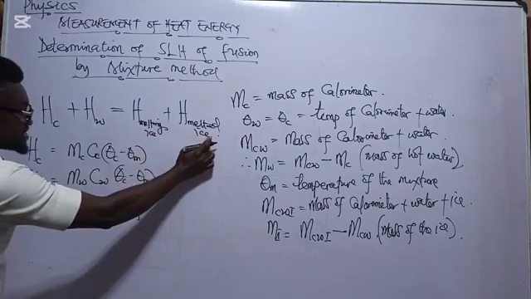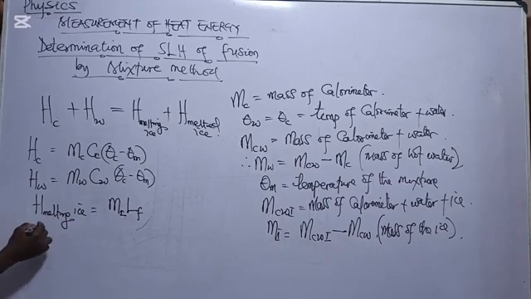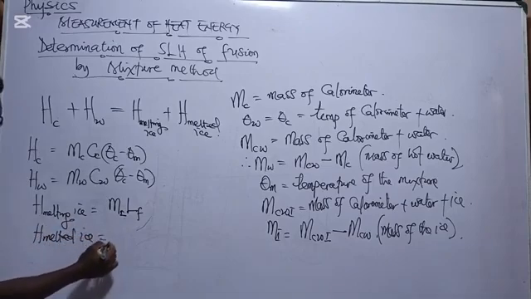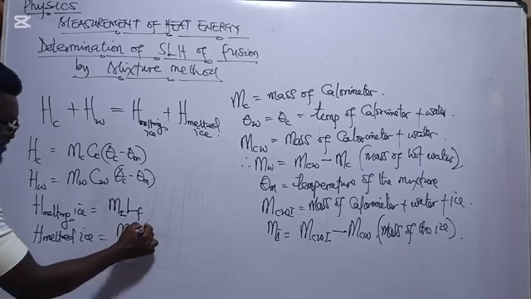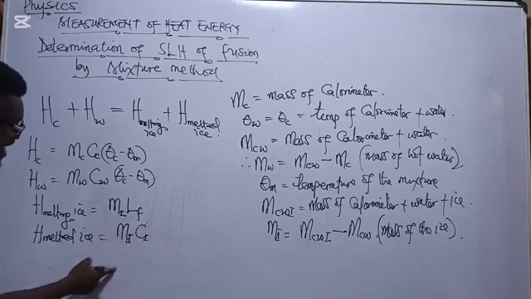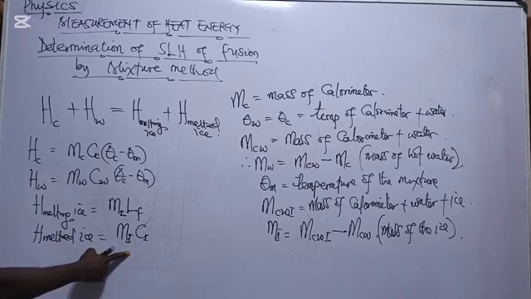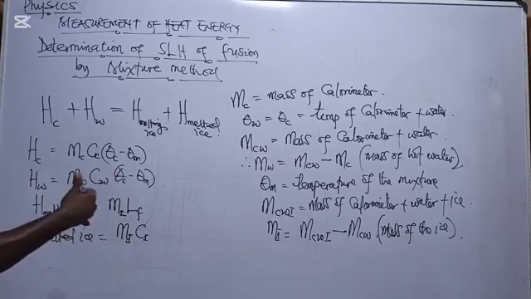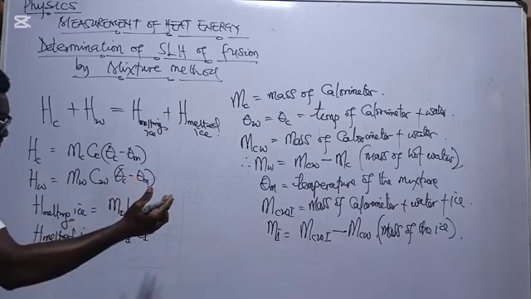Now, the melted ice, for it to be raised to a particular temperature theta, the heat of melted ice now becomes the mass of the ice, then the specific heat capacity of the ice, then the temperature rise, because at this very point, that very ice has melted and the melted ice is now increasing in its temperature.